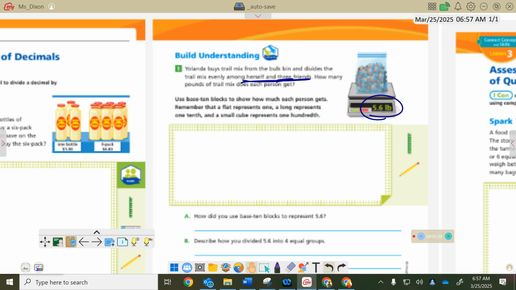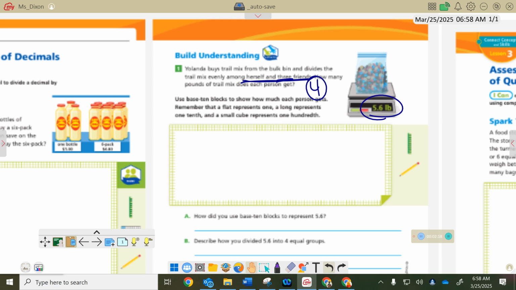We are actually dividing this into groups of 4. One for Yolanda, and the other 3 were her friends. Okay, so let's start off with the whole number in our visual model. There are 5 in the whole number.